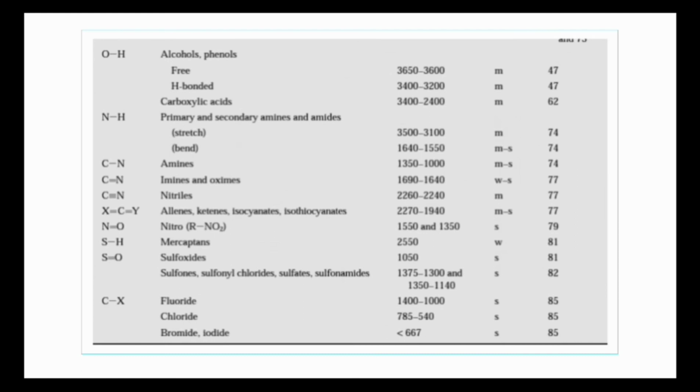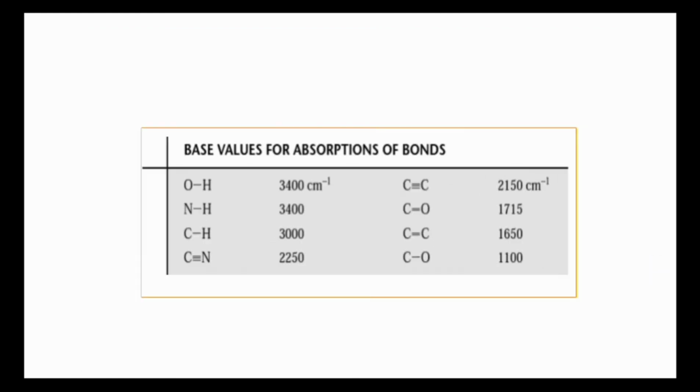By using this we can interpret the IR spectrum. These are some basic values for absorption of a bond. The O-H bond shows a frequency at 3400 centimeter inverse. N-H shows 3400 centimeter inverse. C-H shows 3000.